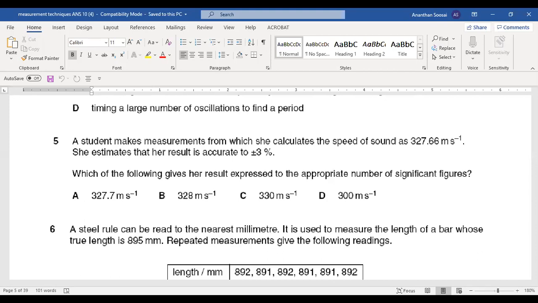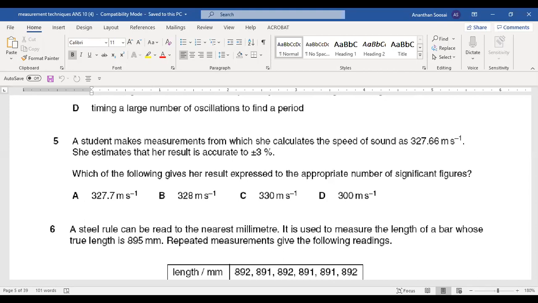Is it 327.7, 328, 330 or 300? How many decimal places do you need to write? Where do you need to cut off? It all depends on the error. Error how much? It's 3% of the value. 3% of 327.66 how much? 9 point something, right?